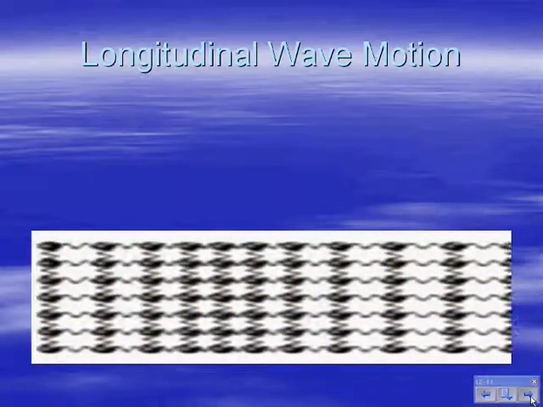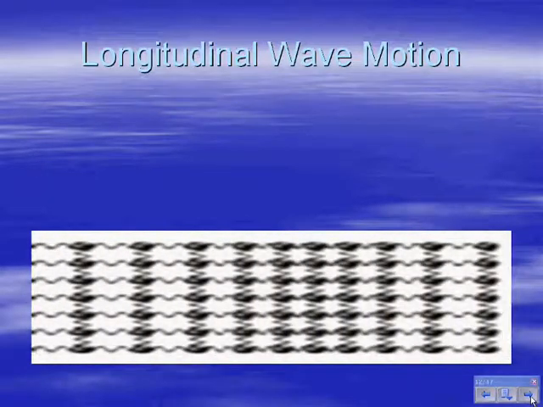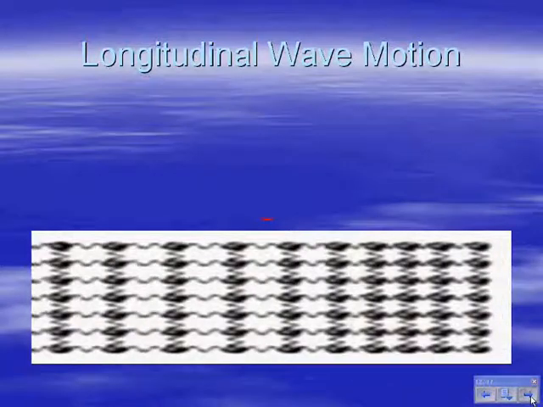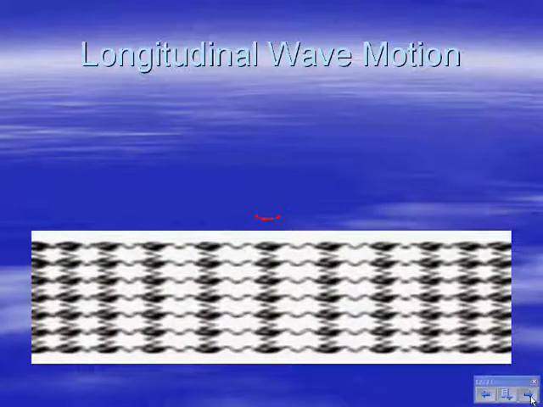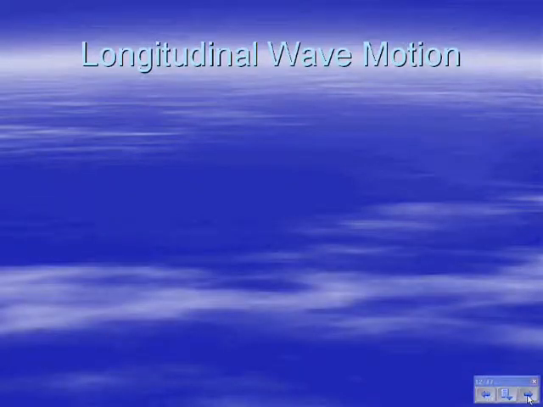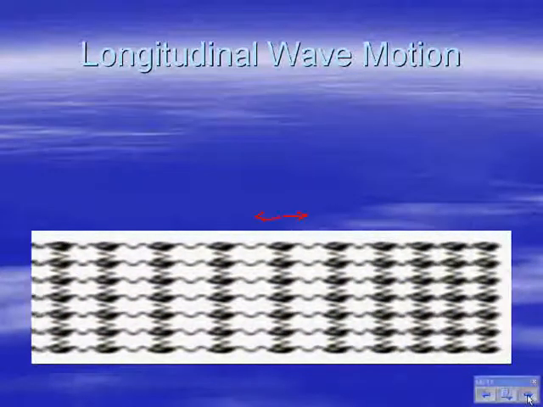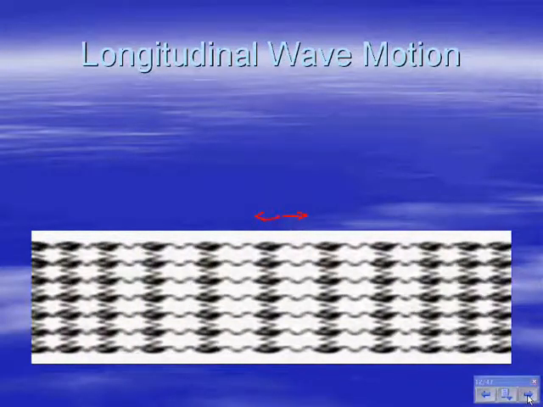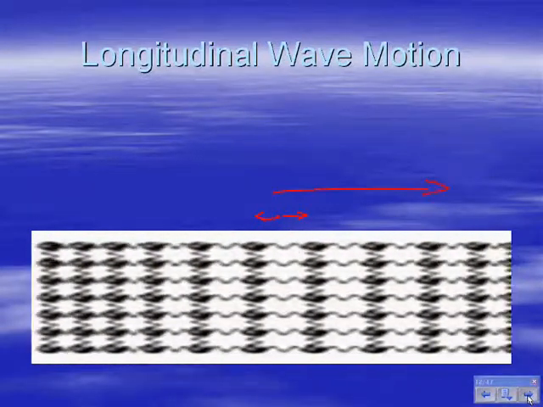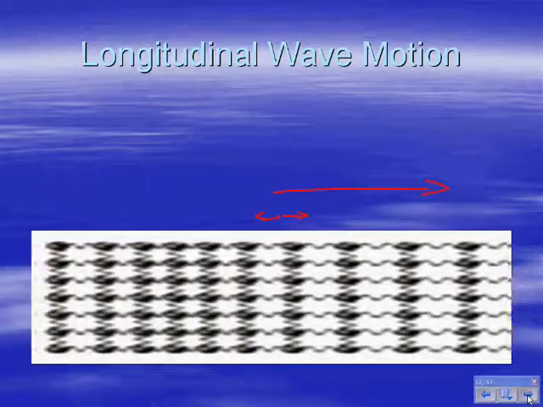Okay? So Tara, if you watch just that one particle, see how it's coming back and forth? So my particle is moving back and forth. Oh, why did it stop? It's moving back and forth, and my wave is coming towards me.